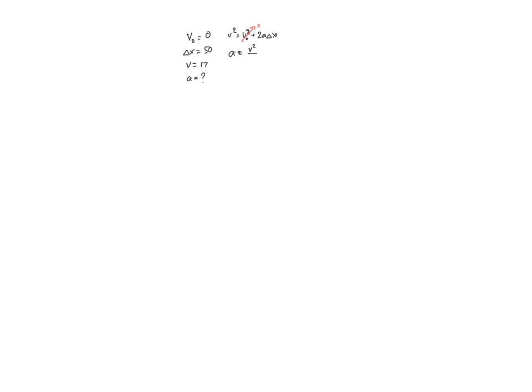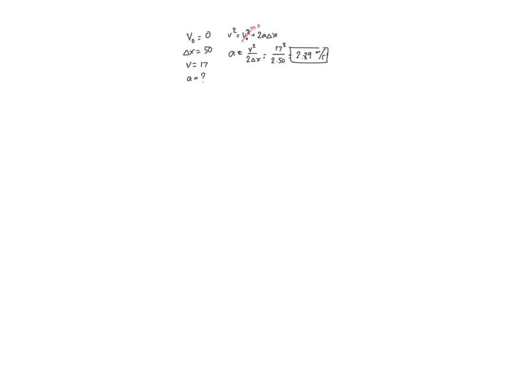And you get a equals V squared over 2 delta x. And 17 squared over 2 times 50, 289 over 100, gives you 2.89 meters per second squared.